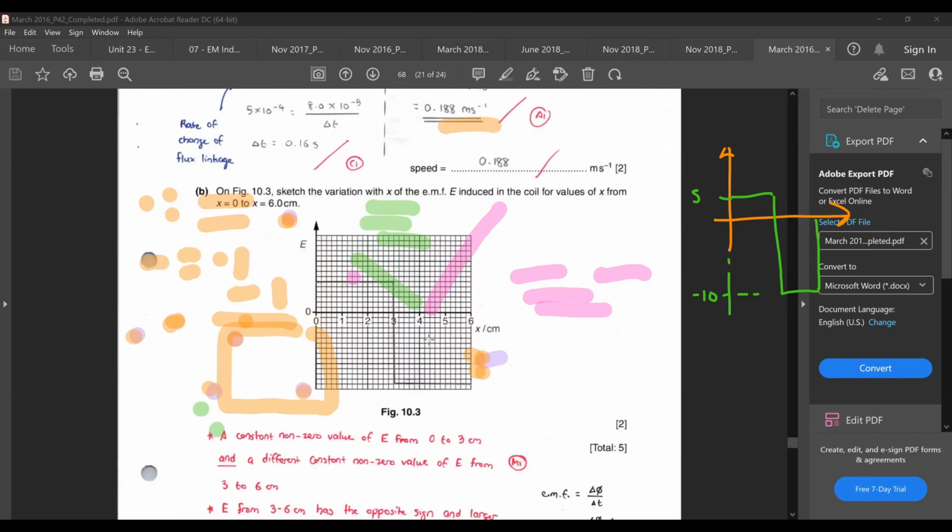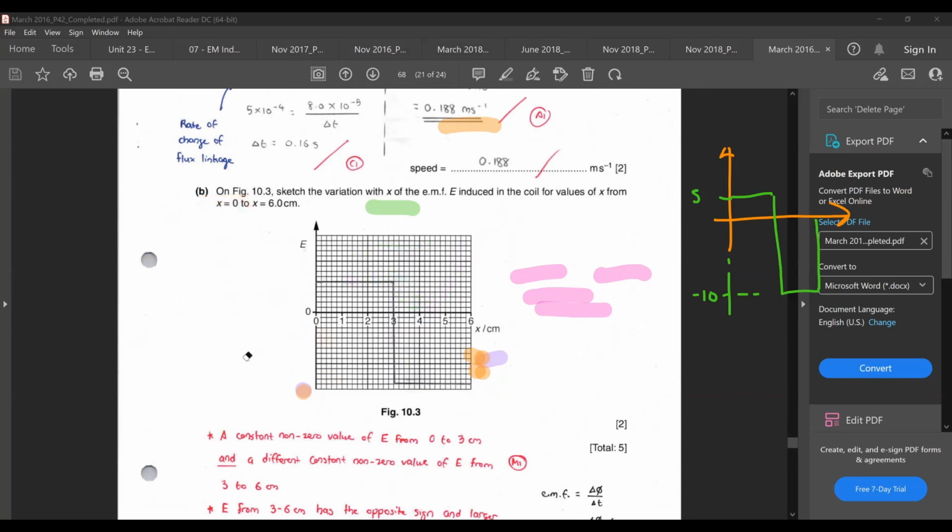Okay, but in your case, you don't need to go into that much detail, because you look at the marks allocated to the question. This one was only allocated 2 marks, not 4 marks, unlike the previous questions that you've done.